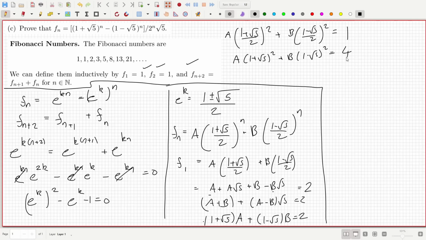Let's see, can we clean up a little bit? 1 plus root 5 squared, so we could say A times 6 plus 2 root 5 plus B times 6 minus 2 root 5, that's equal to 4. So we have this equation of A and B and this equation of A and B. Let's see if we can solve that.